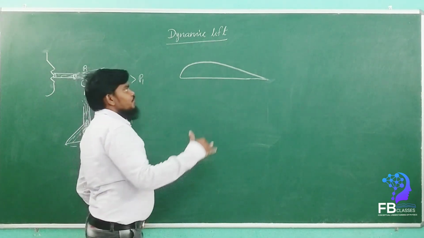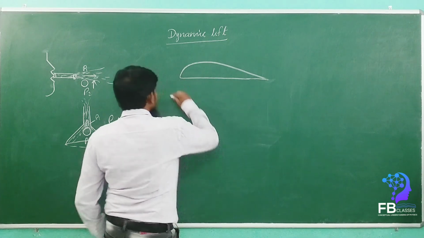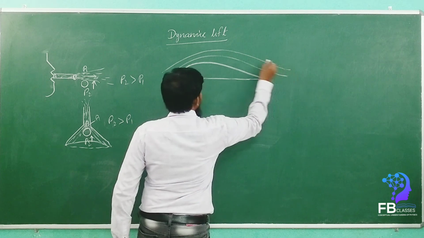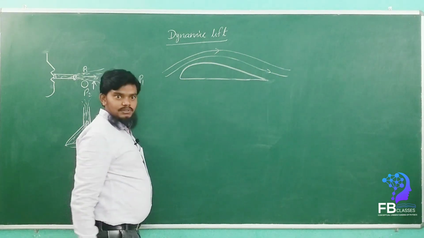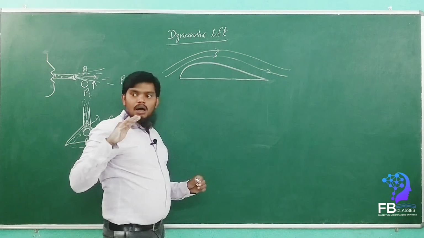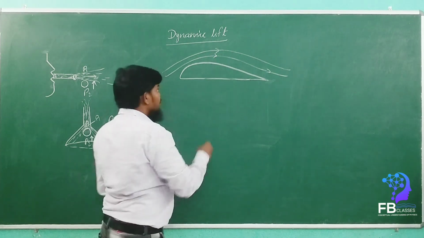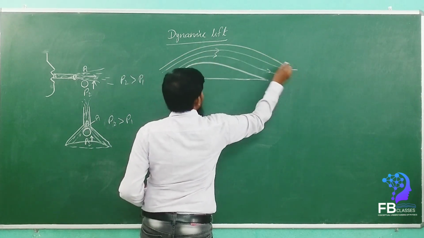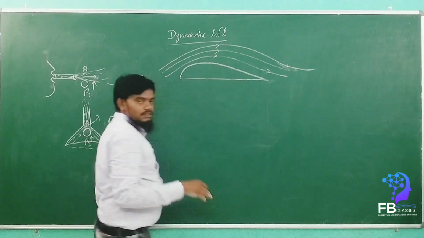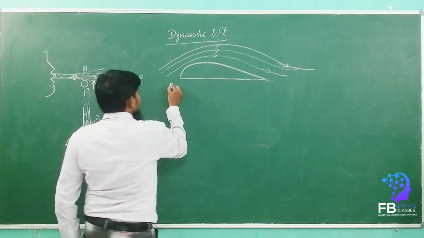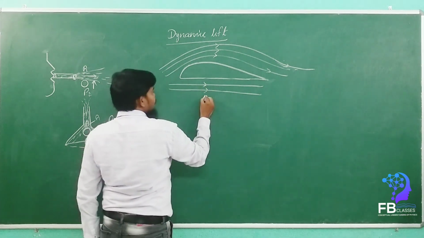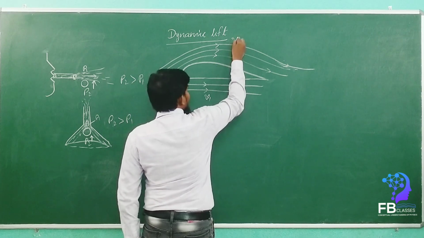When the aeroplane moves very fast, the air present here moves very fast because it is a streamline. The air will flow very fast on the upper surface of the wing, compared to the speed of the wind below. So consider this velocity as V1, and this velocity as V2.